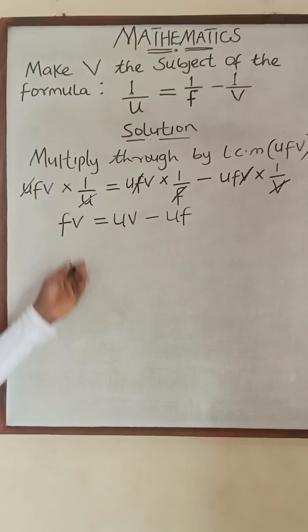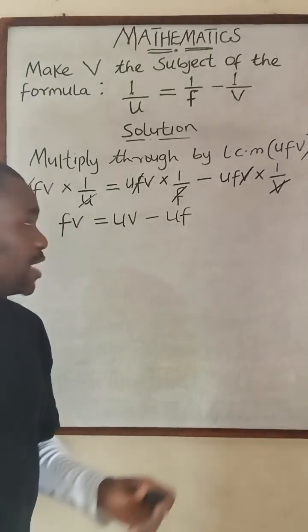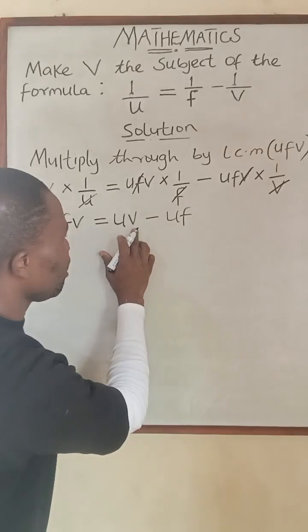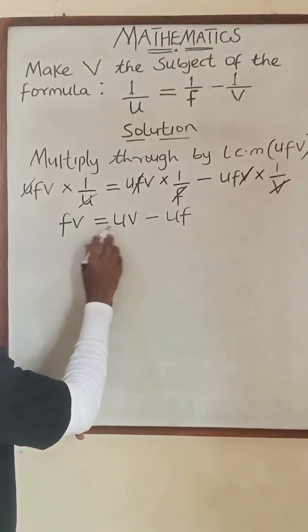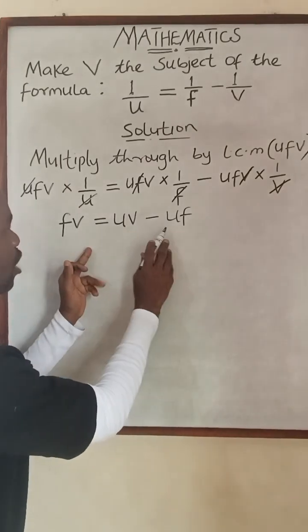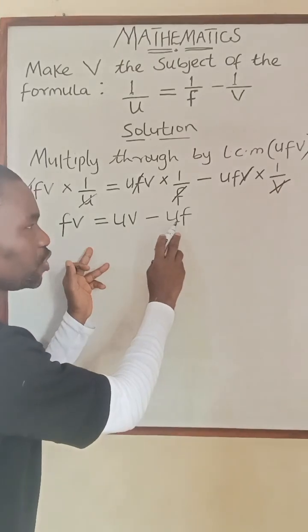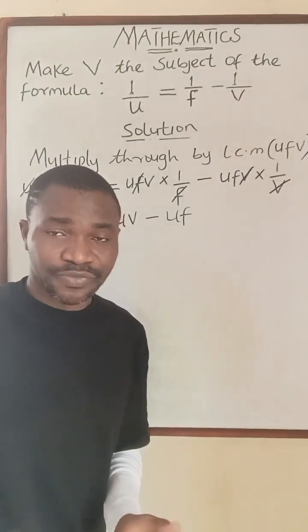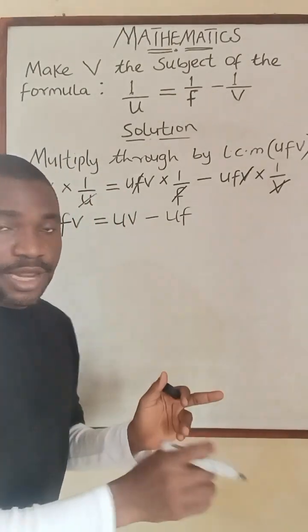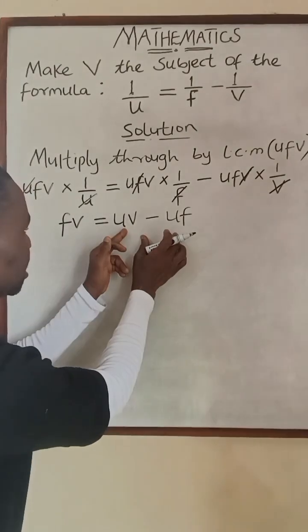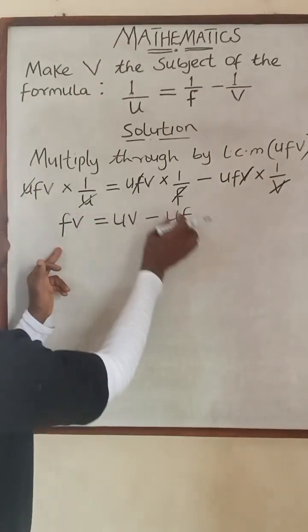Now we can continue from here. Since we have V over here, we have to find a way of bringing UV over here. But if we should bring UV over here, we are left with negative UF. But we can't do that. That would be wrong. Now what do we do? We can simply rearrange. Let's rearrange this. So this can come over here and this can come over here.